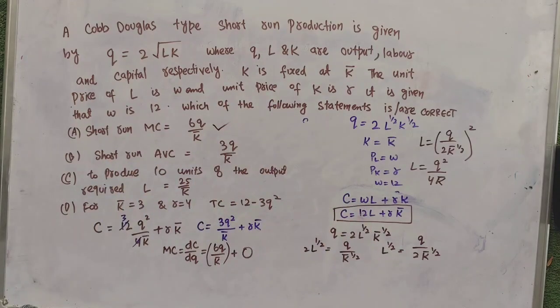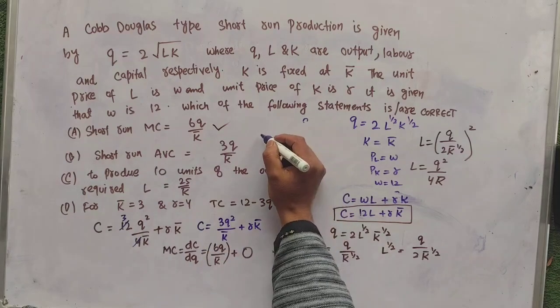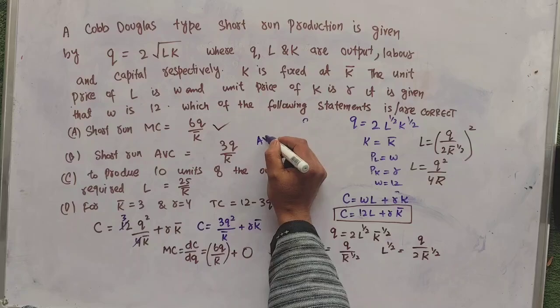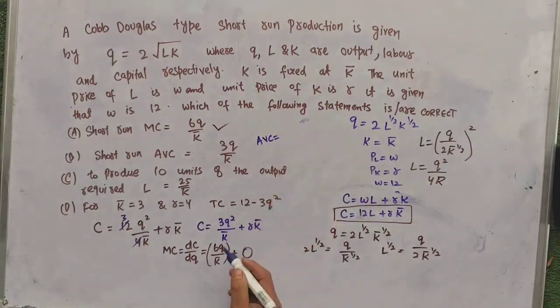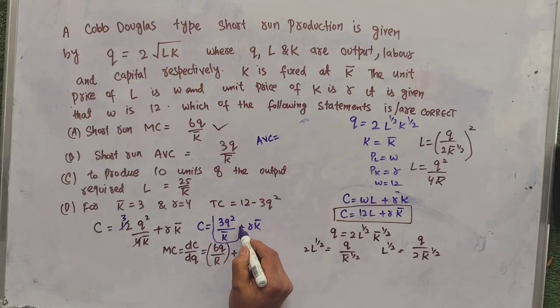Now what about short-run average cost? Since this is total cost, what will be the average variable cost? So this thing denotes the total variable cost.